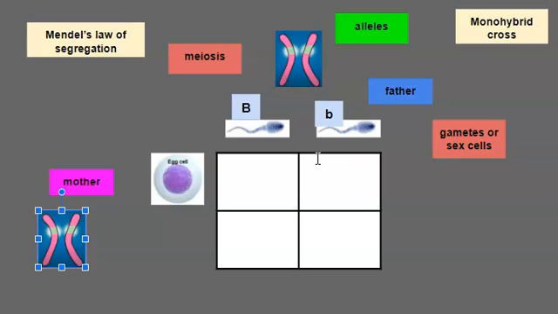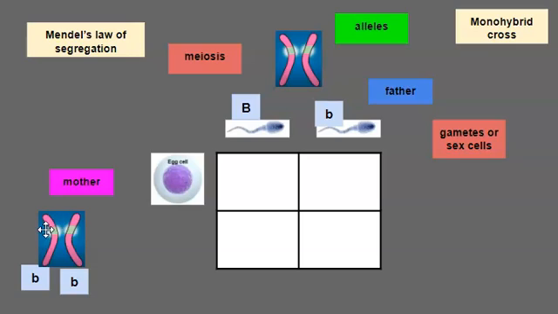So her possible alleles, let's say that she has blue colored eyes. So that means that she would have one little b on one chromosome and another little b for blue eyes on the other chromosome.